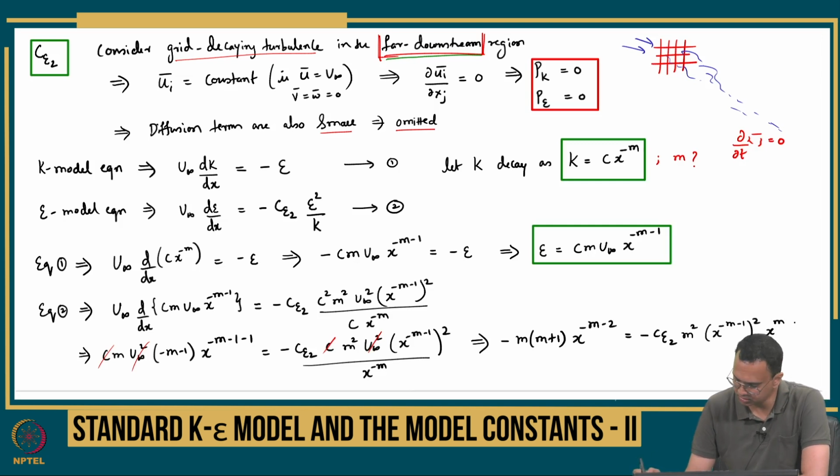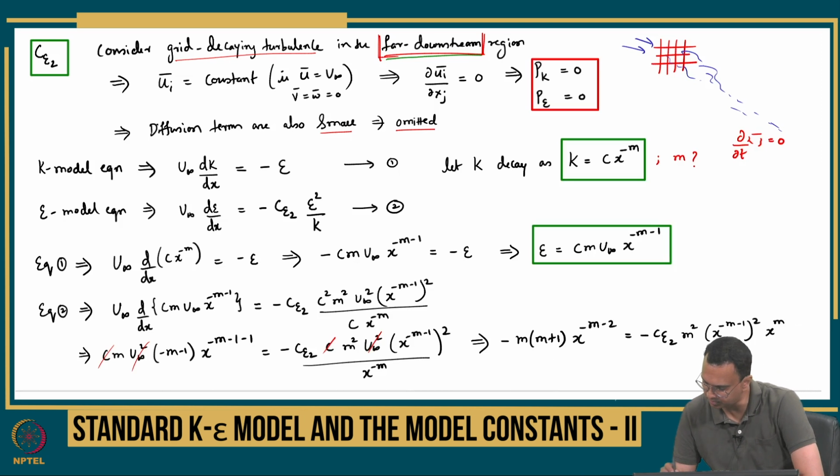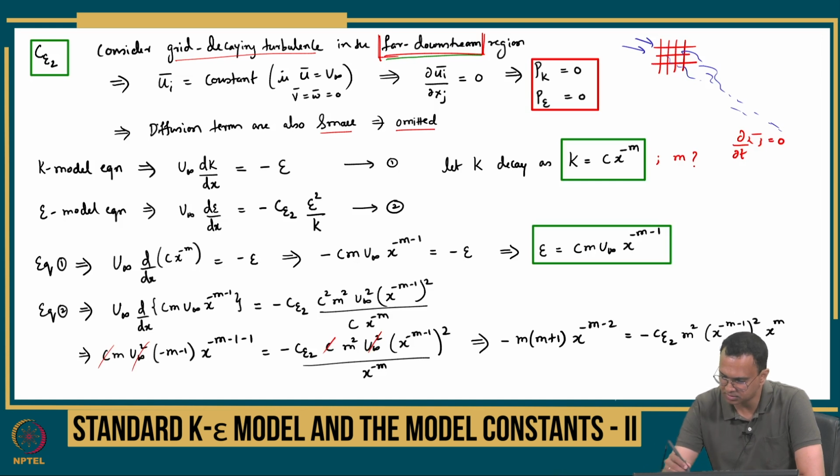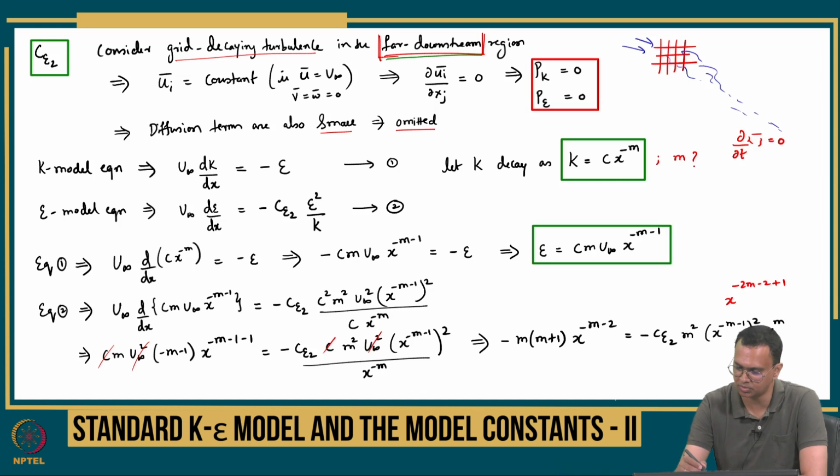If I look into this form now, everywhere it becomes x raised to minus 2m minus 2 plus m. So this becomes x raised to minus m minus 2, and this cancels out.